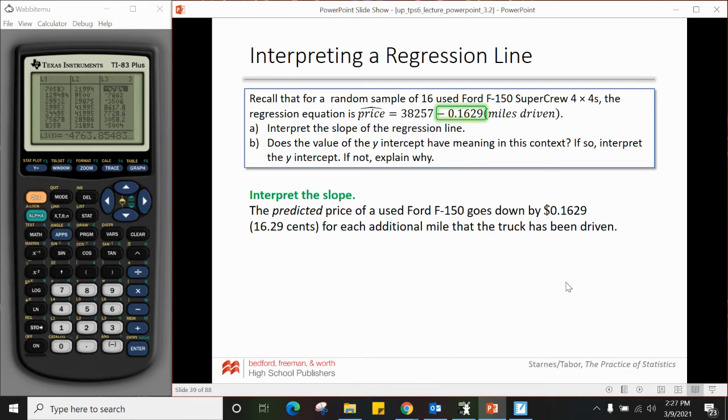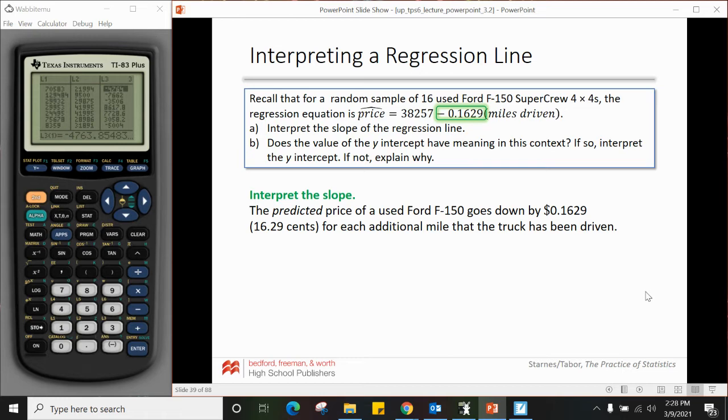For B, it says, does the value of the y-intercept have meaning in context? If so, interpret the y-intercept. If no, explain why. So this is a point where, depending on what the regression is, sometimes 0 just doesn't make any sense. It's just not possible for 0 to come up or be a useful indicator for our x values.